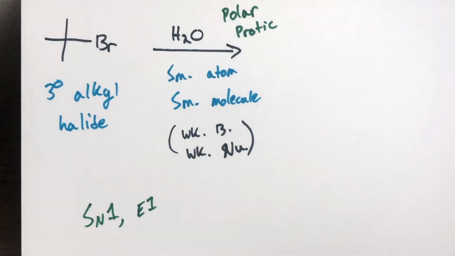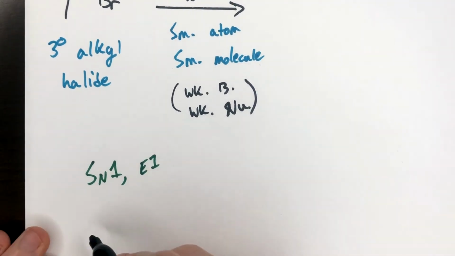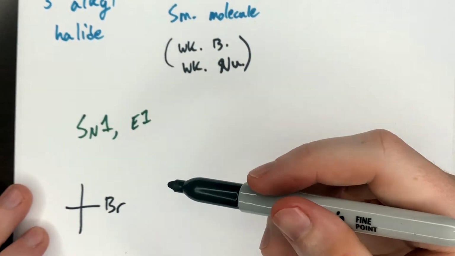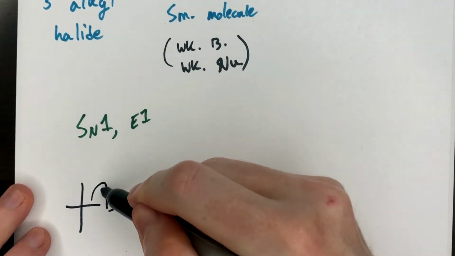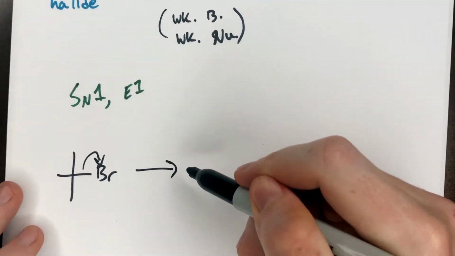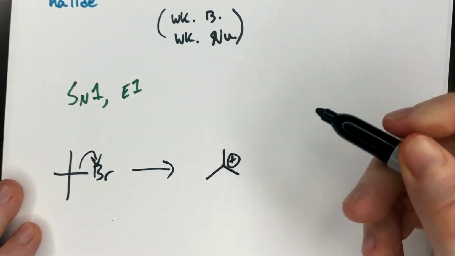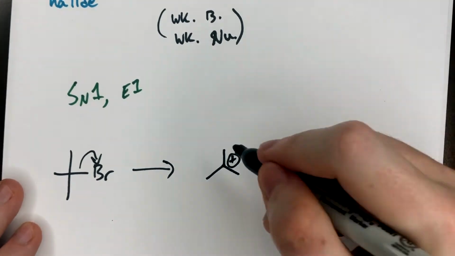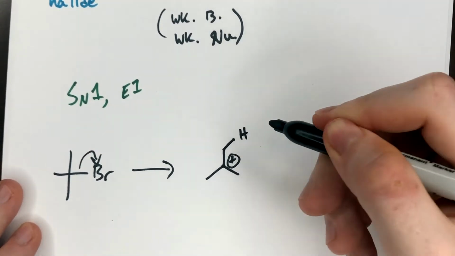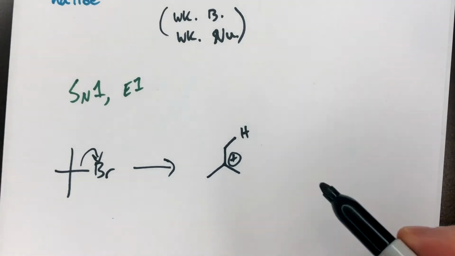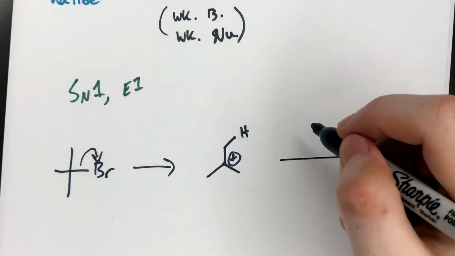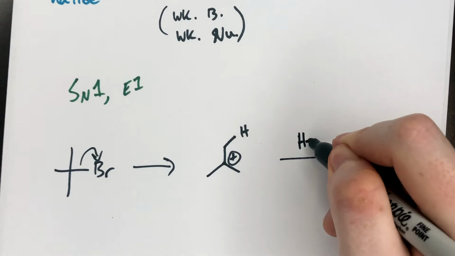So if we look at this again mechanistically, the first step in any elimination or any unimolecular process is the removal of the leaving group. That will give us this carbocation. And now the water can function as either a base or a nucleophile. If it's a base, it'll remove that proton that I just drew. So let's draw that process.